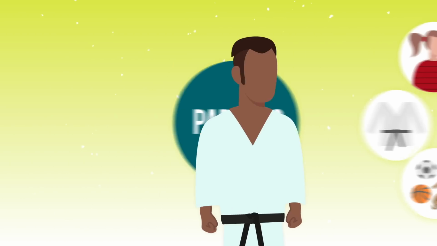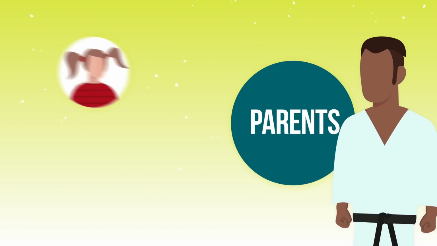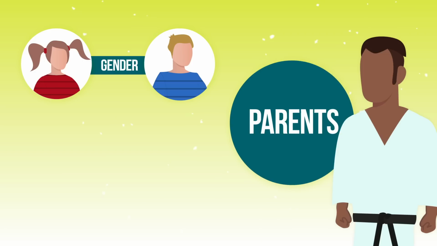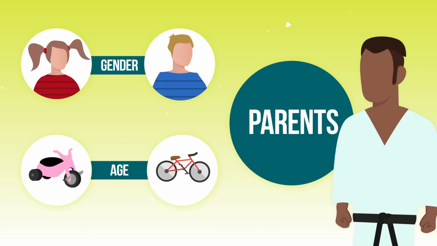In those 3 groups, there's actually a large variety of subsets, such as parents of girls as opposed to parents of boys, parents of toddlers as opposed to parents of older children. Sometimes they can respond to a similar message, but most of the time it's simply not going to work.